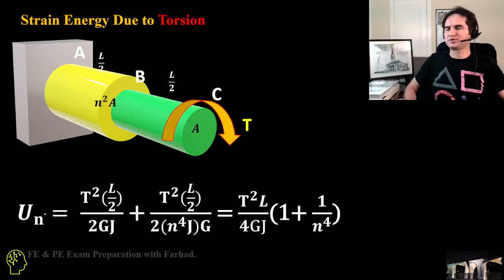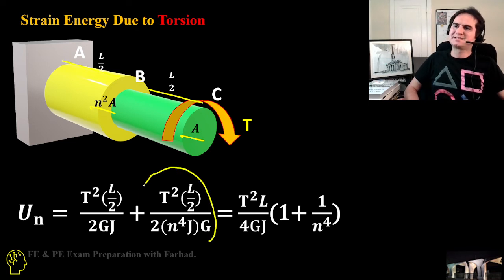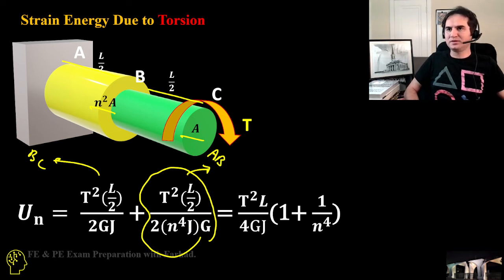That's for a torsional torque. So if you have a combination of different discrete parts attached to each other, U is T squared times L over 2, if both parts are L over 2, over 2GJ, plus, that's for BC, and for part AB, T squared times L over 2, this time over 2 times n to the power of 4 times J, because J is a half of pi r, or c, to the power of 4.